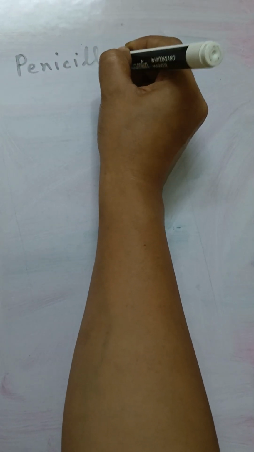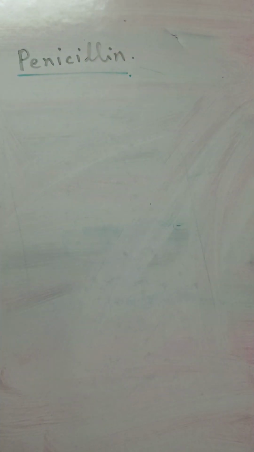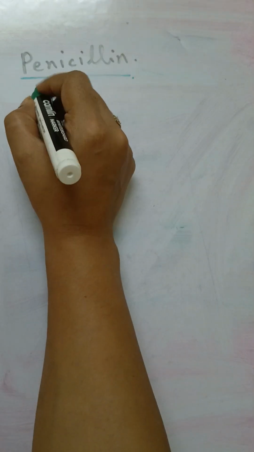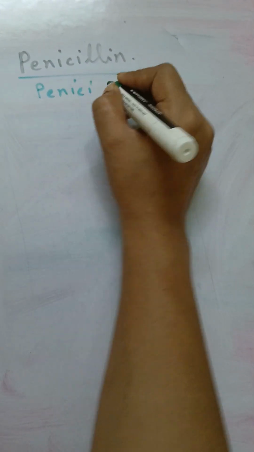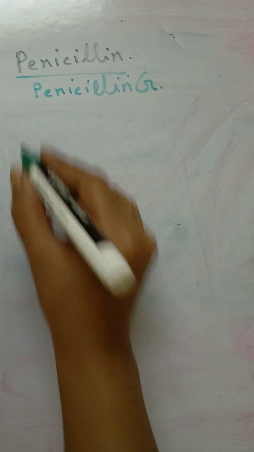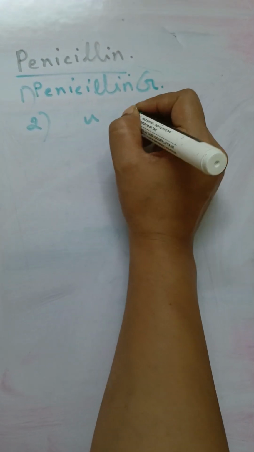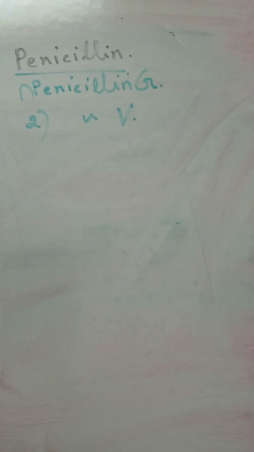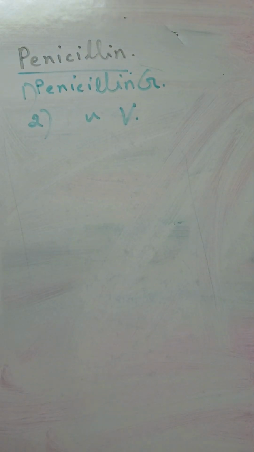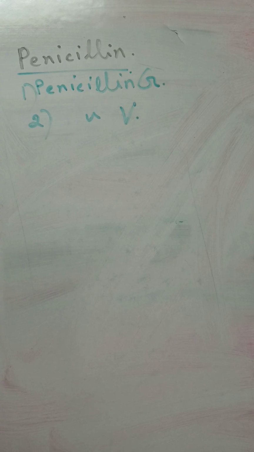Now penicillin is basically a naturally occurring antibiotic. As we all know, it's a naturally occurring antibiotic from Penicillium notatum. The first naturally occurring penicillin was penicillin G. Then it comes to penicillin V. Then finally semisynthetic penicillins, where the penicillin group will be the same, that is 6-aminopenicillanic acid, the main precursor of the penicillin antibiotic.